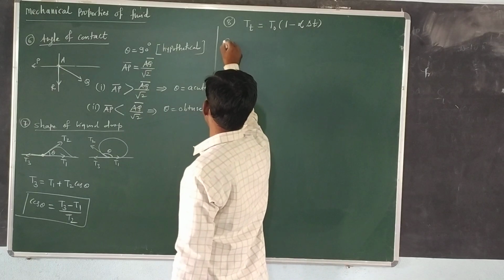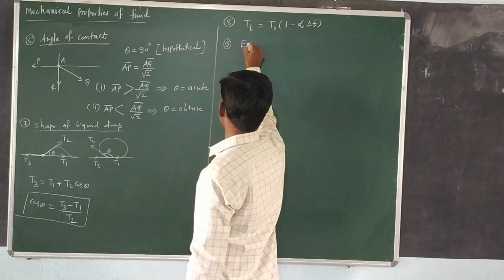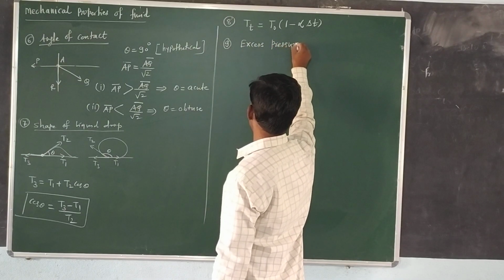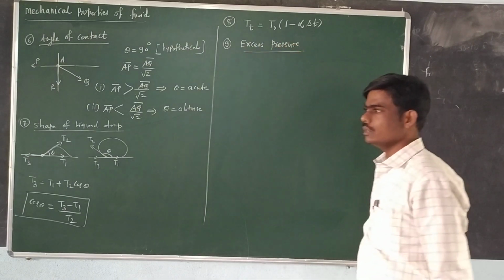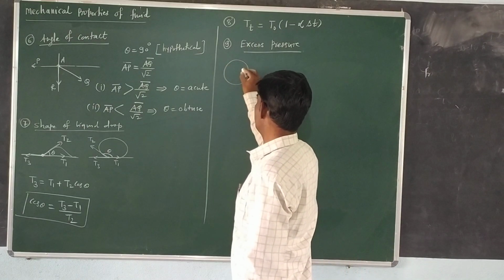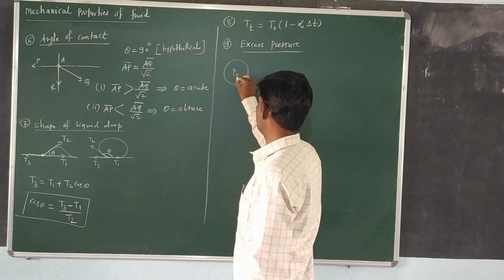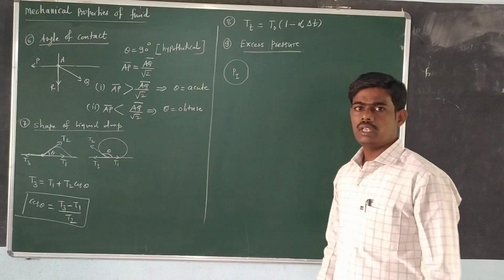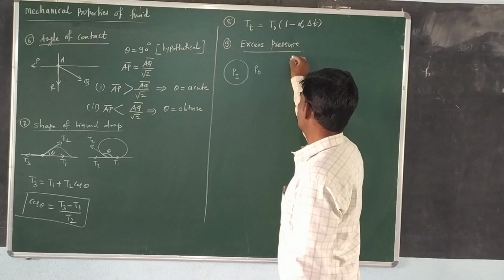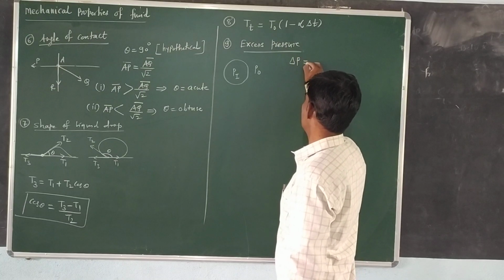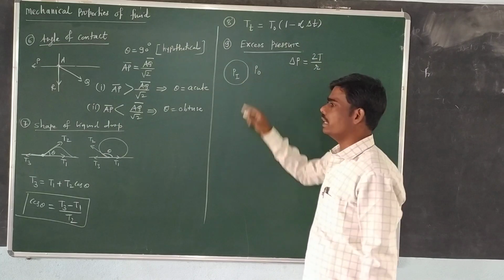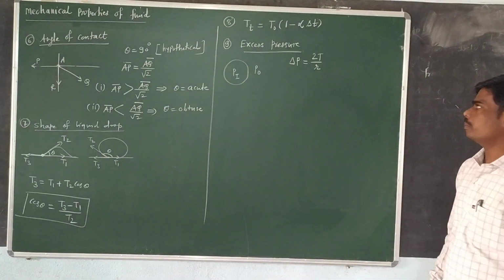Then the ninth formula is for excess pressure. If we consider a liquid drop, then remember the pressure inside the liquid drop, that is Pi, is greater than the pressure outside the liquid drop. The difference of pressure delta P is 2T by R, where R is the radius of this liquid drop.